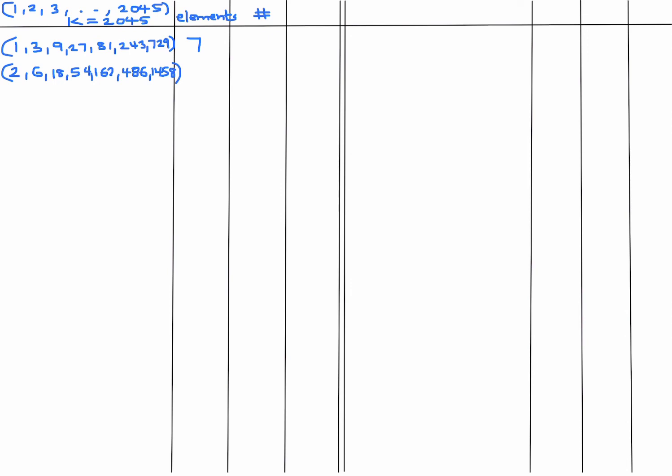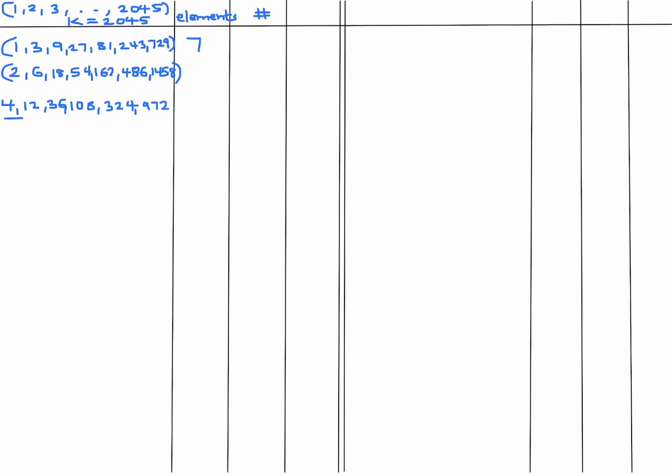Skip over 3 because 3's are already included. The general rule would be that nothing in the first column would ever be a multiple of 3 because those will already have been included. So just keep that in mind. That's actually a pretty important rule. Okay, with 4, 12, 36, 108, 324, and 972.